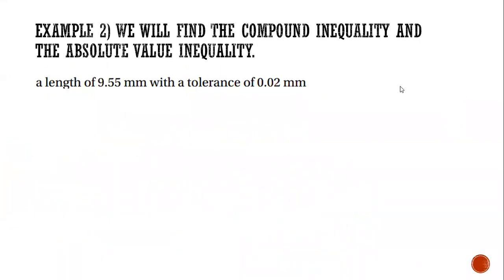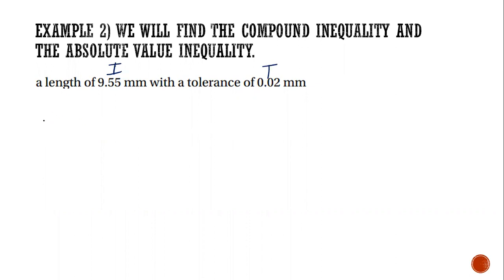Here's example 2 for your spring. This time, your spring has a length of 9 55/100 of a millimeter with a tolerance of 200 of a millimeter. Please find your min and max value of your spring. Okay, so for this one, our intended was 9 55/100 and our tolerance was 200.